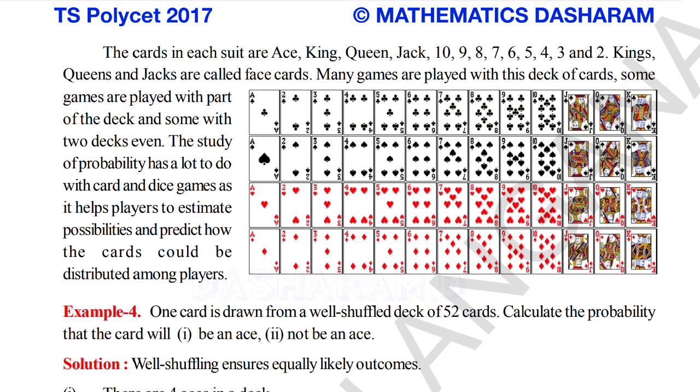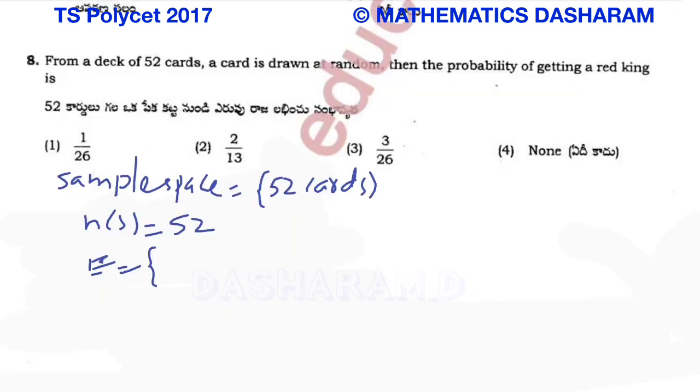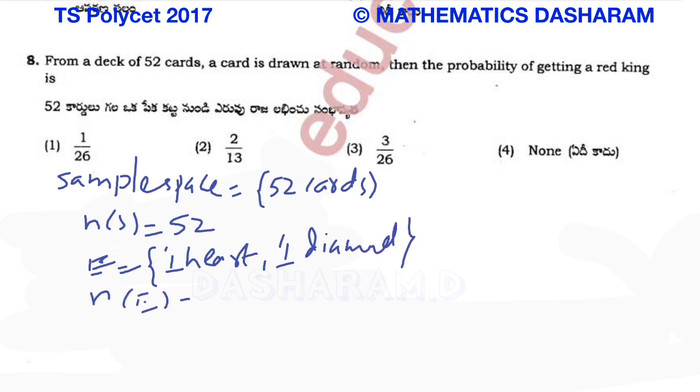Hearts and diamonds both are red color. So in the king cards, here one red king card, here another red king card. So two favorable outcomes, one is heart, another one is diamond. Therefore n of E, number of elements, is 2.